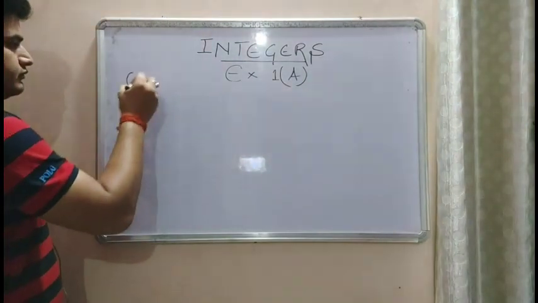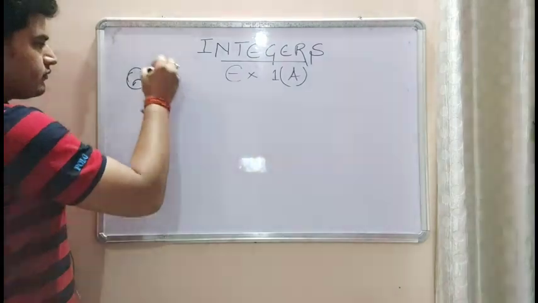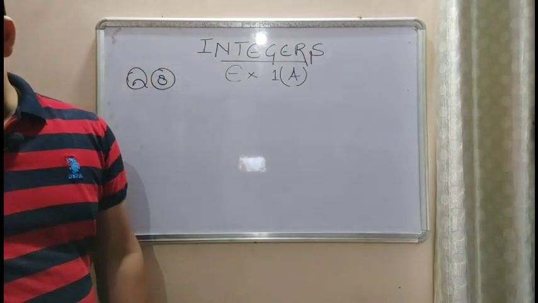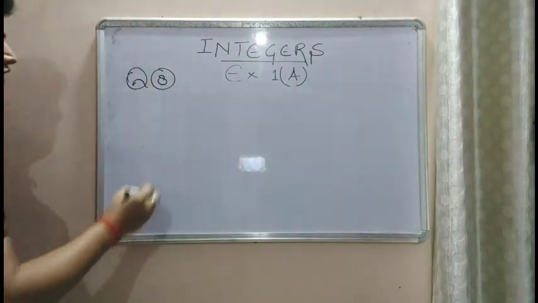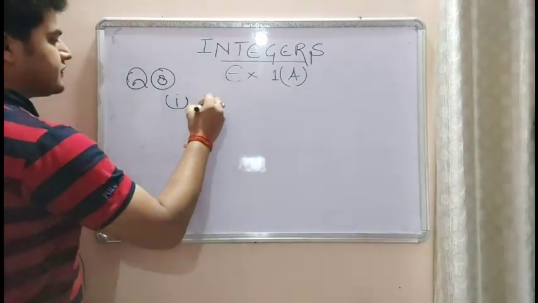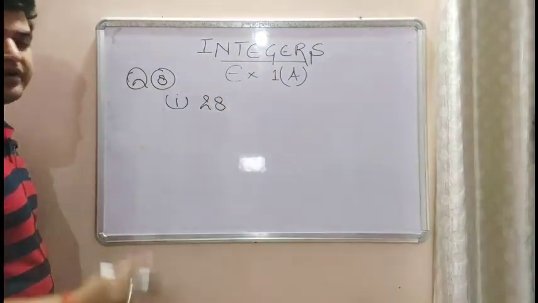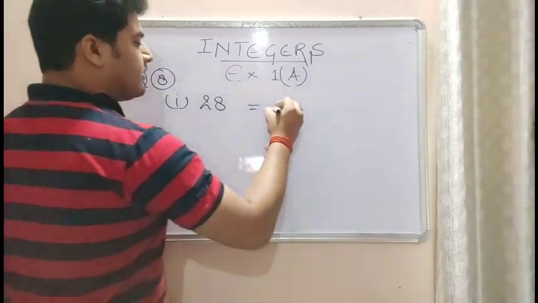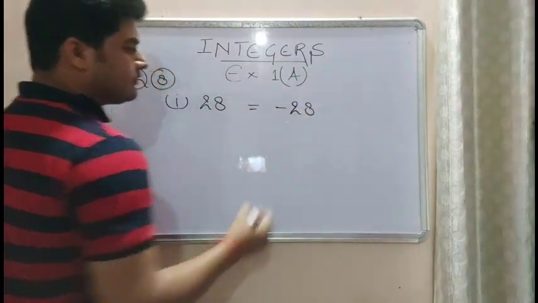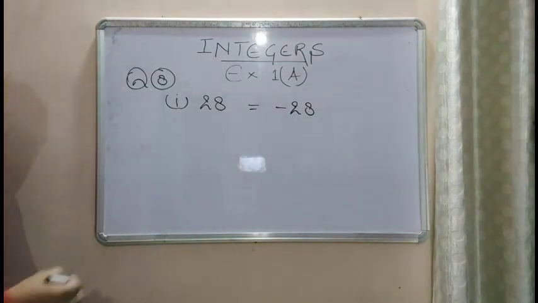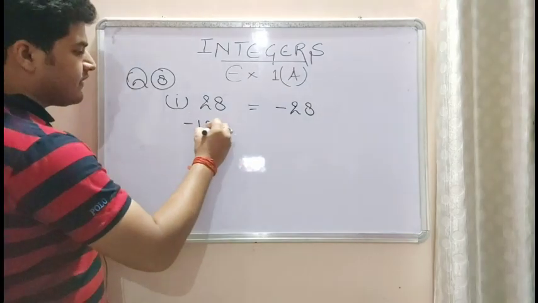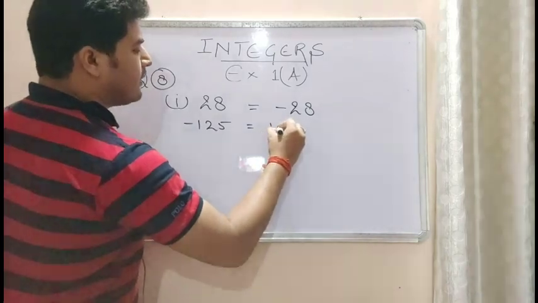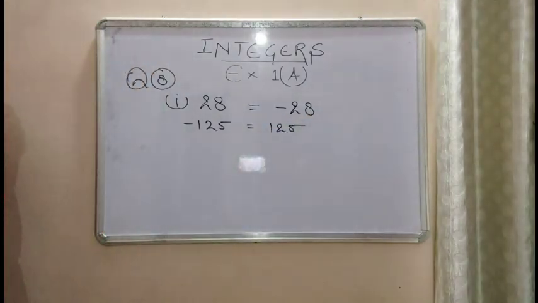Question number 8 says that you have to write the additive inverse. So what is additive inverse? The negative sign of that number. So of 28, the additive inverse will be minus 28. Of minus 125, the additive inverse will be 125, the opposite sign of that.